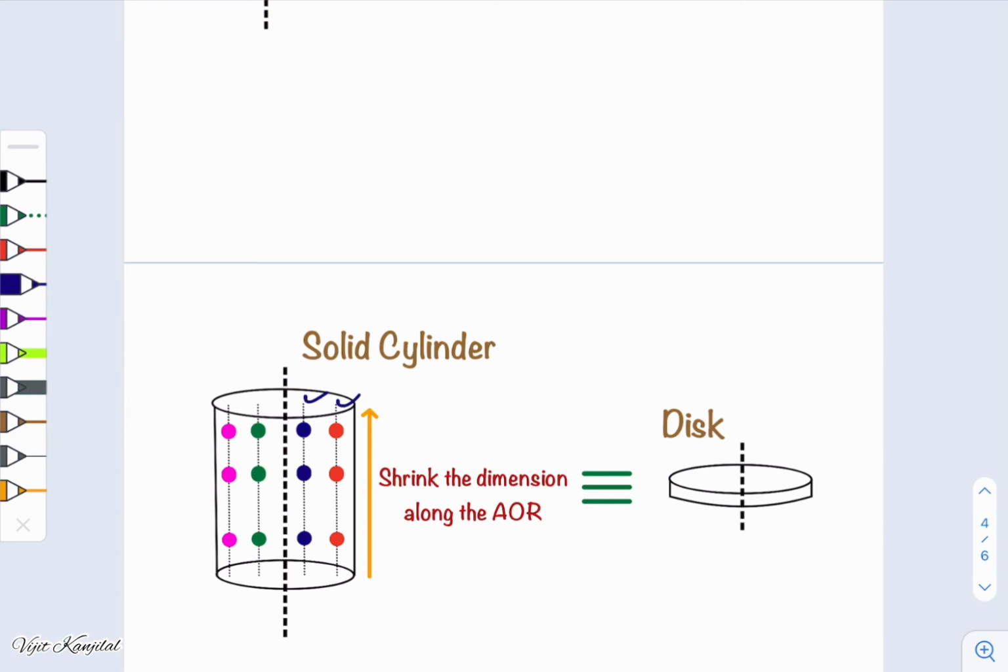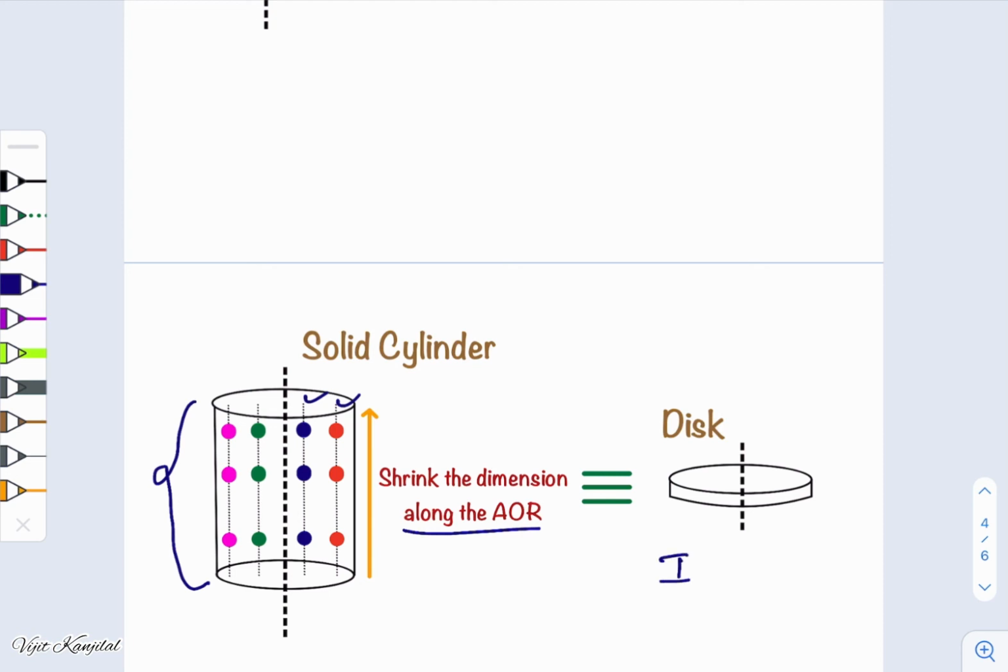So effectively we can shrink the entire dimension which is parallel to the axis of rotation. That is, we can shrink this entire solid cylinder like this. If we just shrink the solid cylinder along the dimension which is parallel to the axis of rotation, we can see that it reduces to that of a disk.